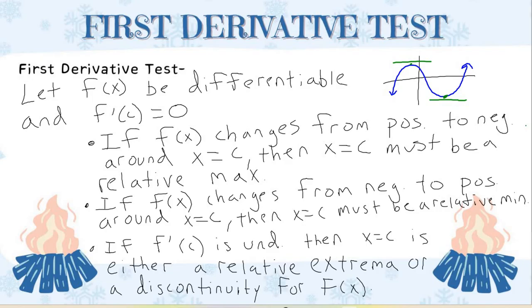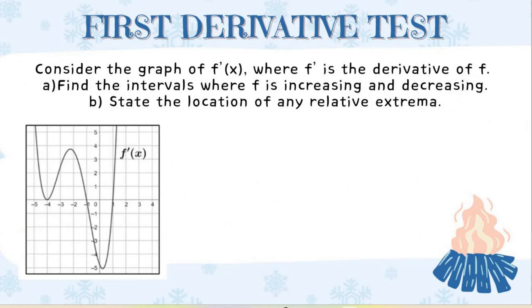Okay. So let's look at some examples with this, the first being from a graph. This says, consider the graph of f prime of x, where f prime is the derivative of f. Find the intervals where f is increasing and decreasing, and state the location of any relative extrema.